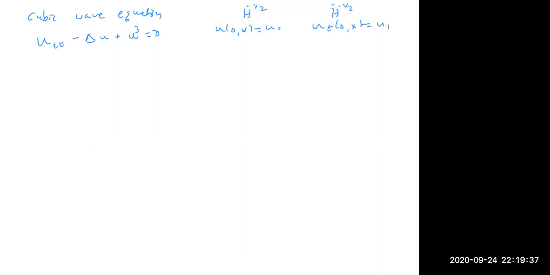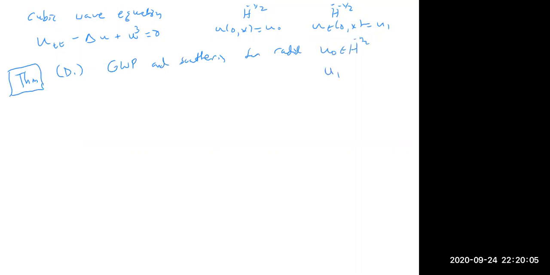And so there's a recent result, which is that you have global well-posedness and scattering for radial U0 in H.1/2, U1 in H.-1/2.